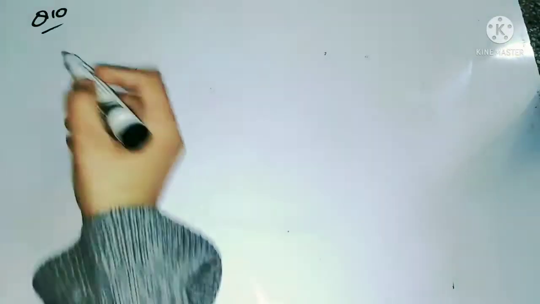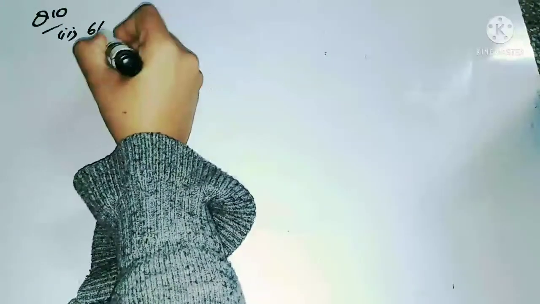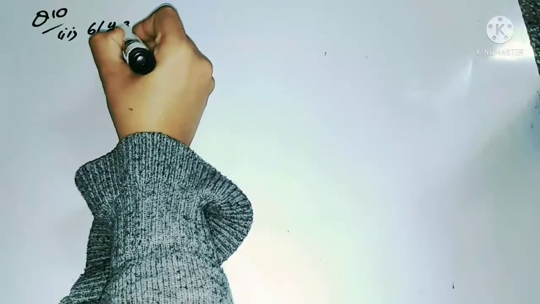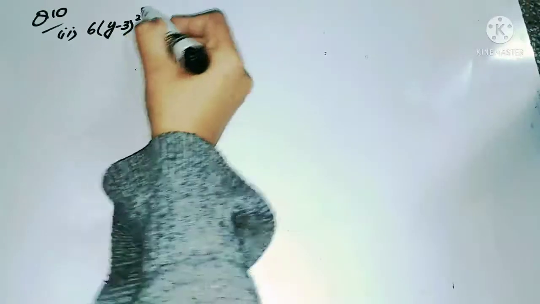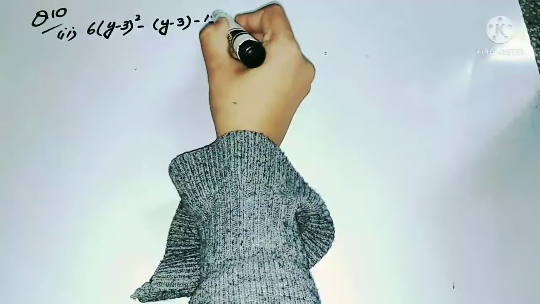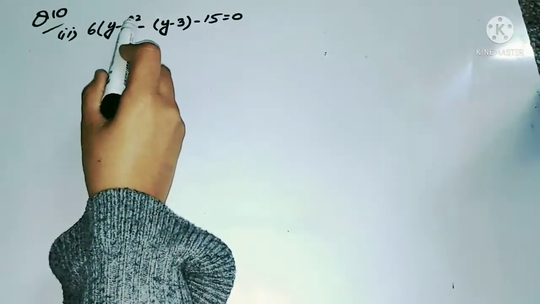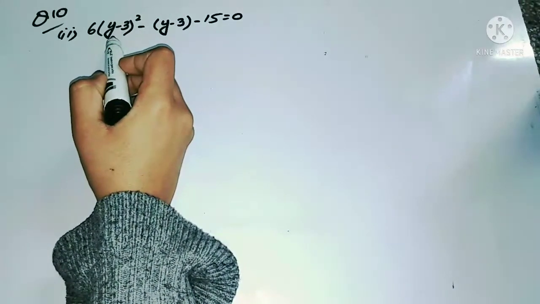Now part 2 is hence solve the equation, and the equation is 6 times (y minus 3) whole square minus (y minus 3) minus 15 is equal to 0. Now you have to solve this equation. As you can see, y minus 3 whole square, so here, students, you will take the identity.